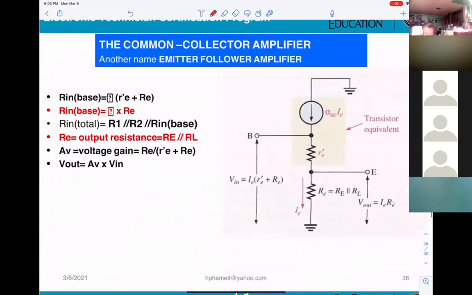And this one they draw for the T model. This is the collector, you see they grounded it here. See that? Common collector. This is the base, and also the emitter. This will be inside the transistor. Outside, you get the big RE and also R load.